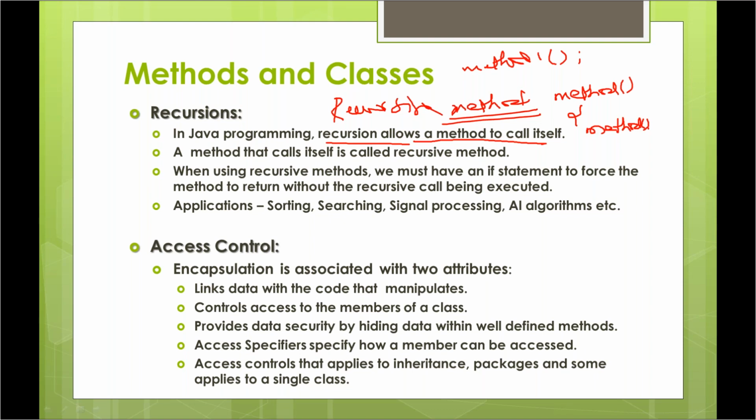This is the function which is calling itself. When n is equal to 1, we are returning to the main method, which is calling factorial.